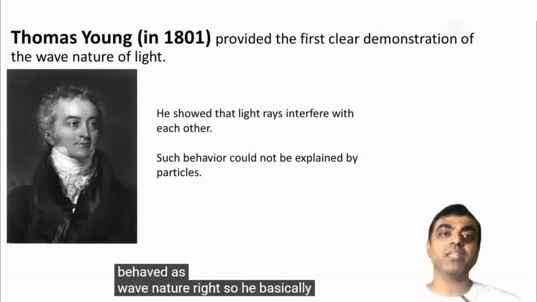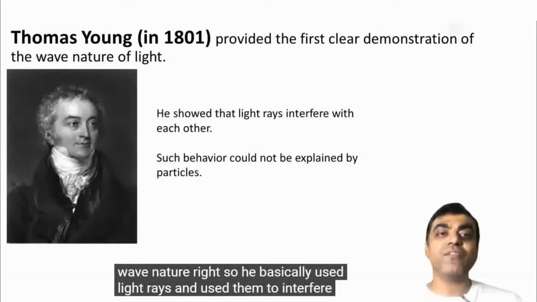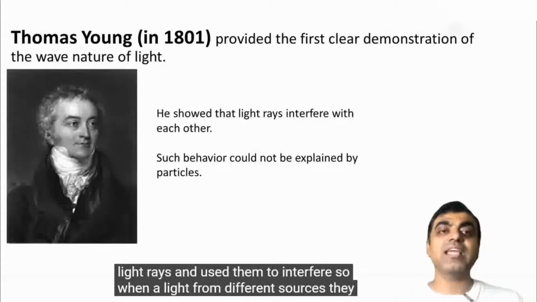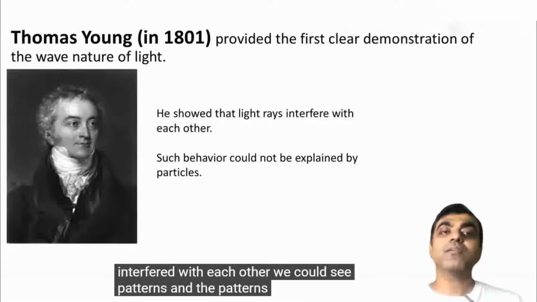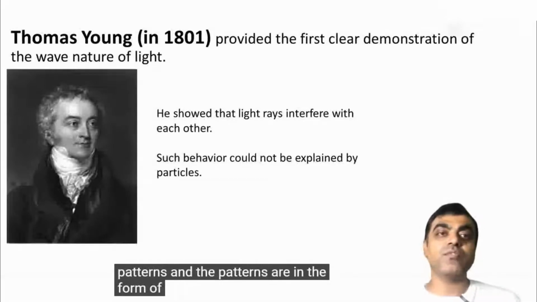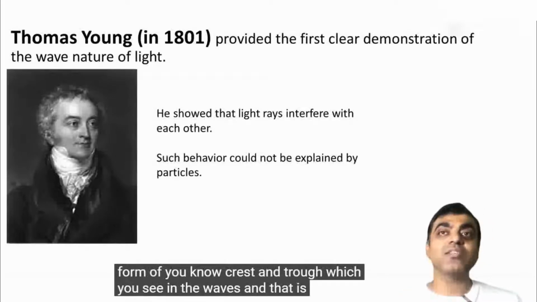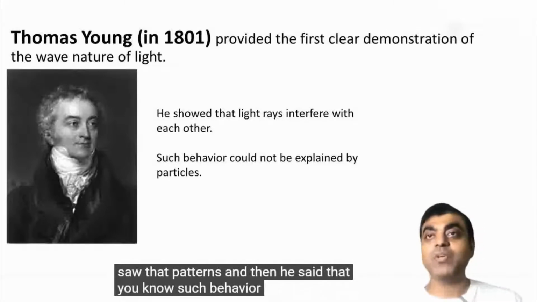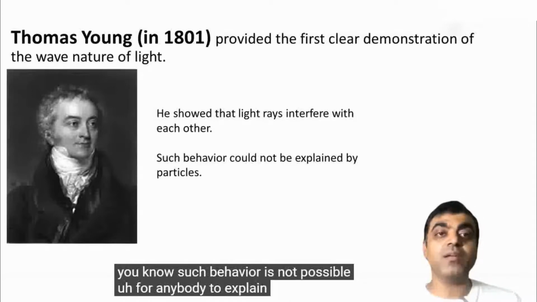He basically used light rays and made them interfere. When light from different sources interfered with each other, we could see patterns in the form of crest and trough, which you see in waves. He then said that such behavior is not possible to explain with the particle theory.